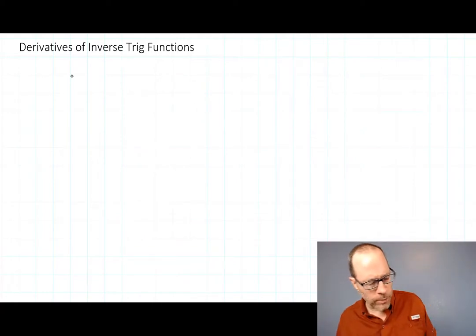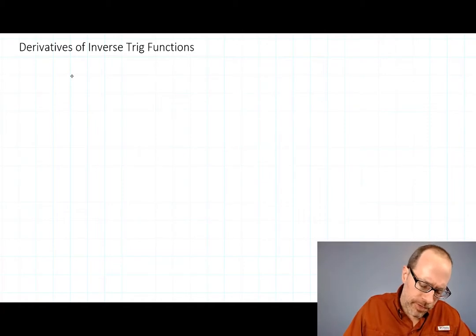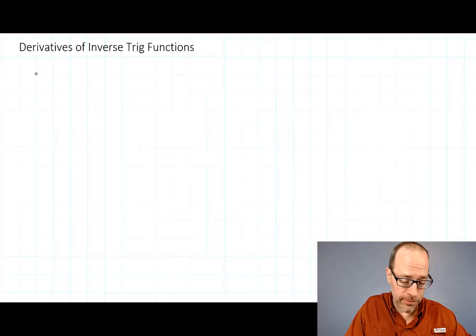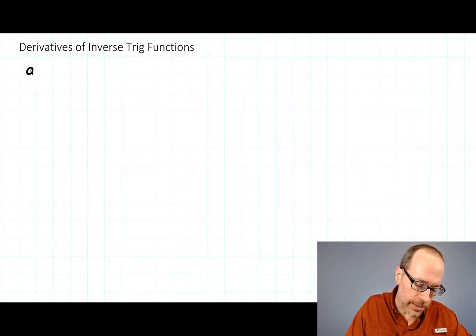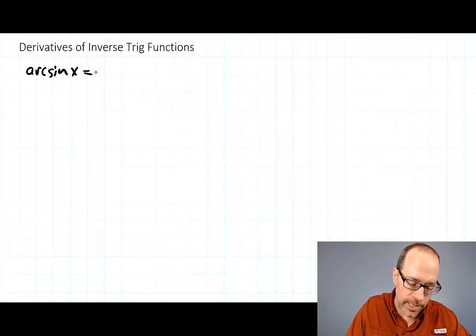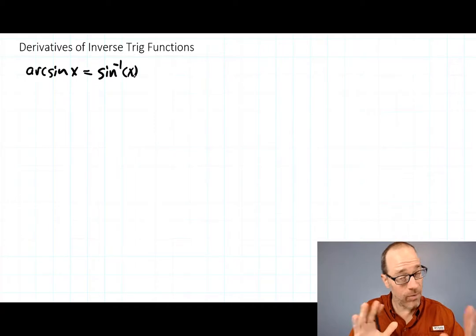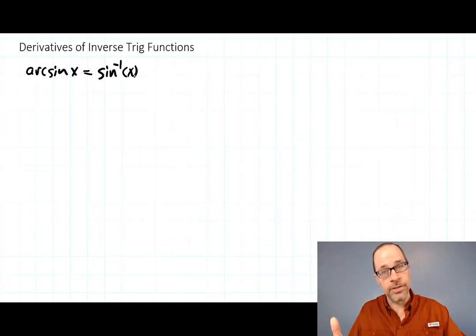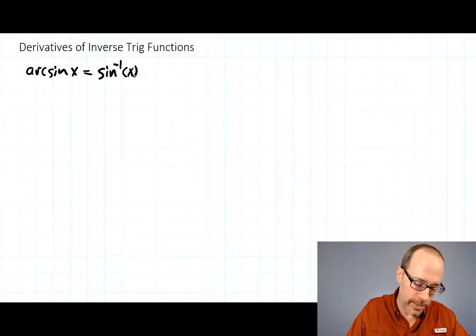Alright, so first of all, remember there's this alternate notation for the inverse trig functions. One way to write the arc sine of x is also as sine to the minus 1 of x. Remember, that's not 1 over sine, it's the inverse sine function.